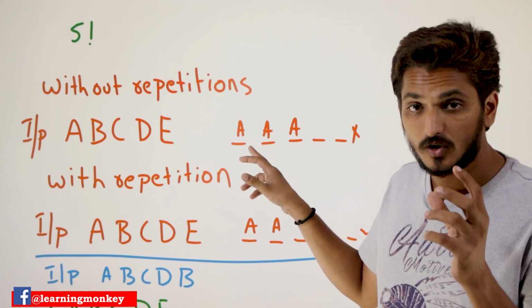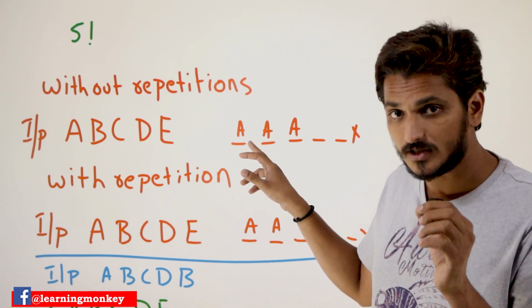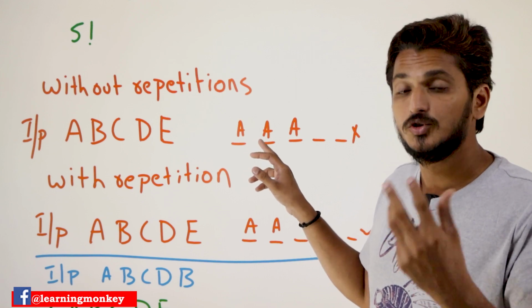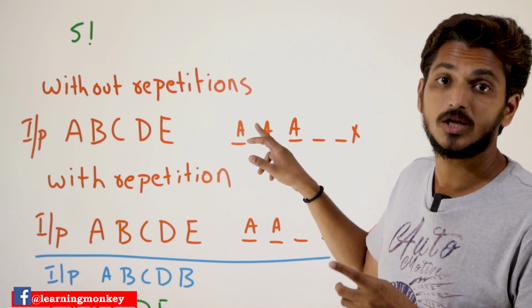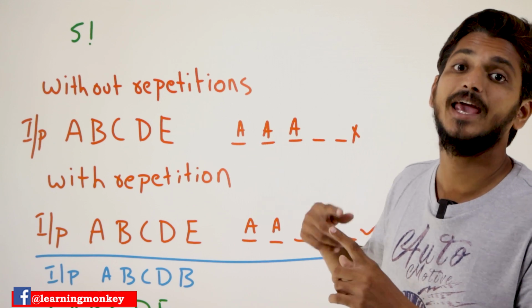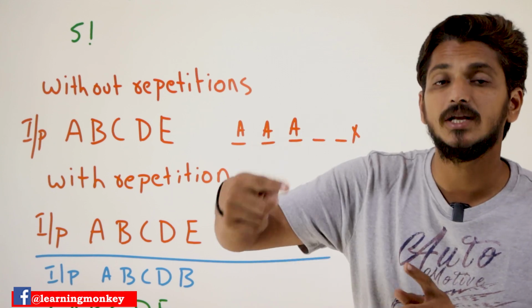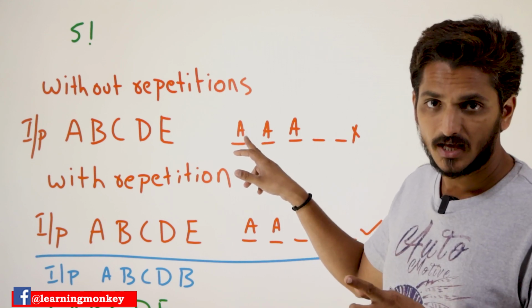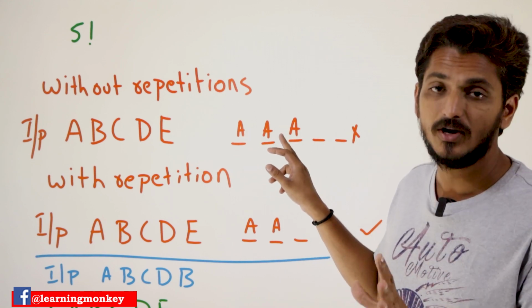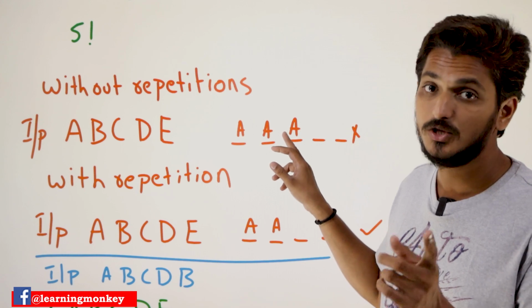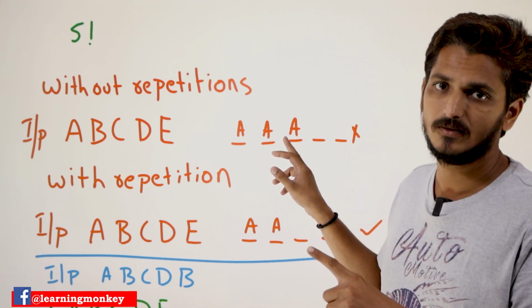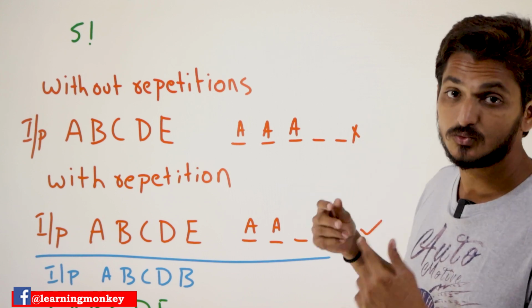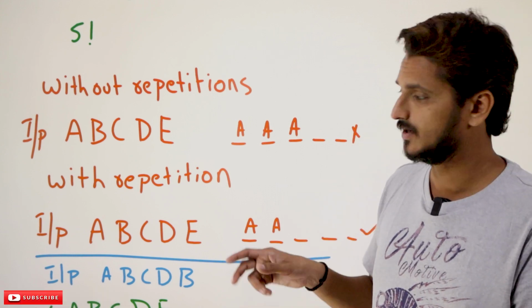So the number of choices you are going to have to fill the first position is 5 different possibilities. Assume that if you filled A, you are not going to use A again. That is what without repetition means. If you fill the first position with A, the second position should not be filled with A. That A should not be used again. So it is not accepted here. That is what without repetition means.